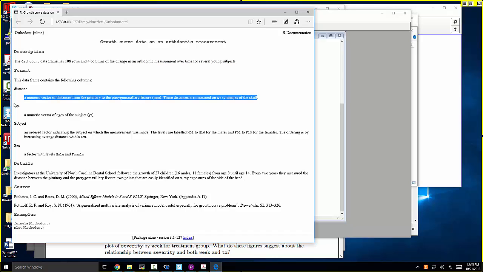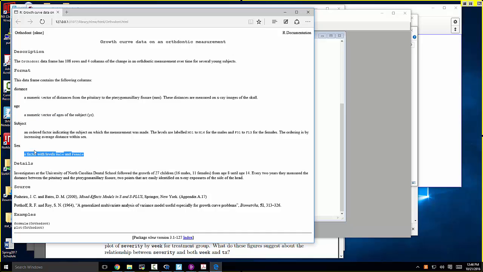Distance is a numeric vector of distances from 2 places that I won't try to pronounce. So a response variable for our purposes. Then we have, as covariates, age and gender.